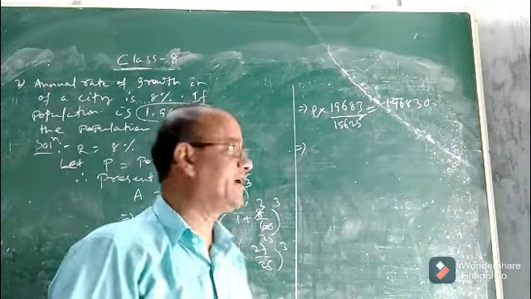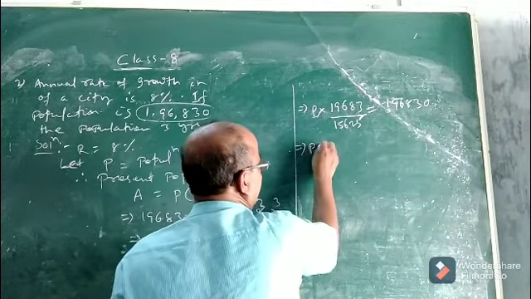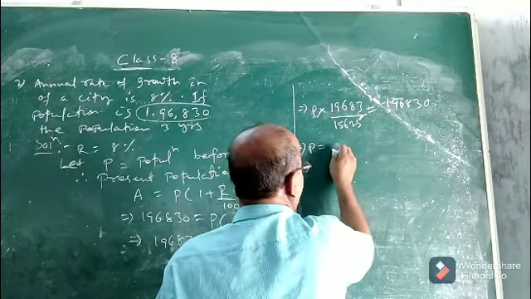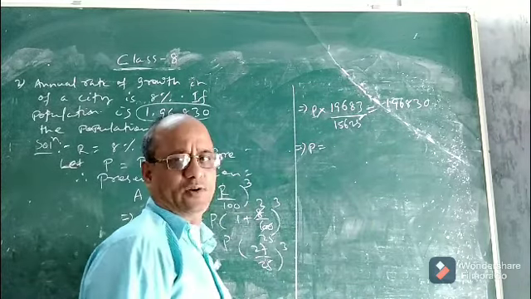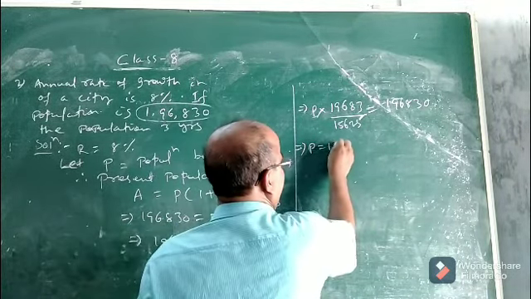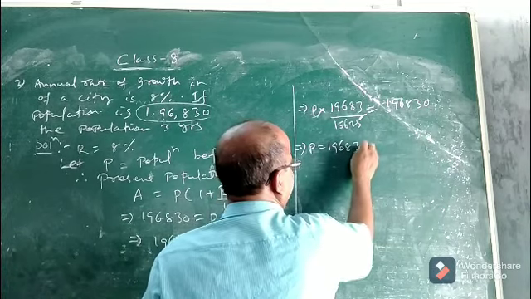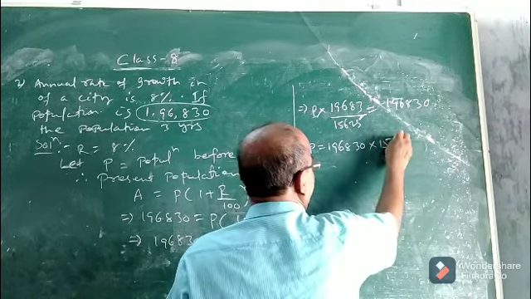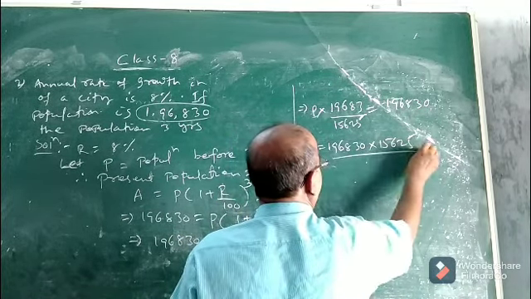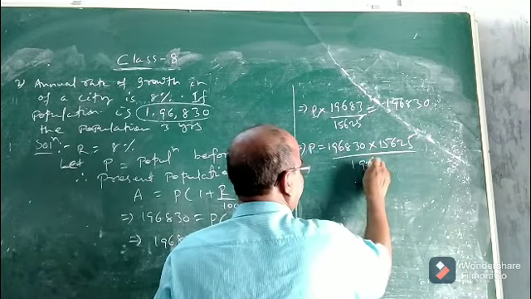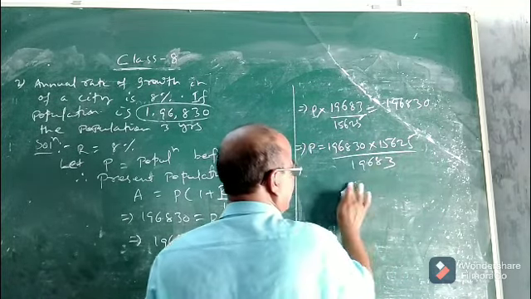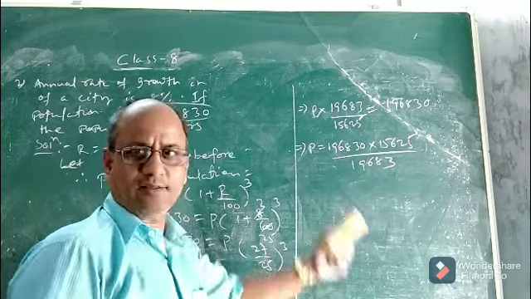Now you can easily find the value of P. Take this quantity to the right hand side, where it will be divided. So P equals 1,96,830 into 15625 divided by 19683. Now you can easily compute.